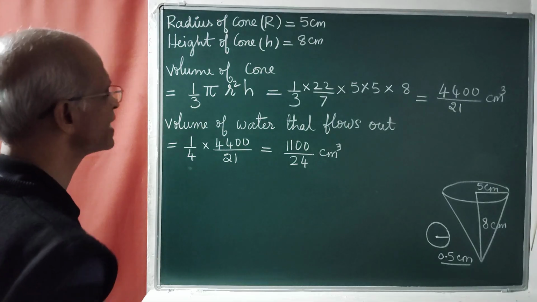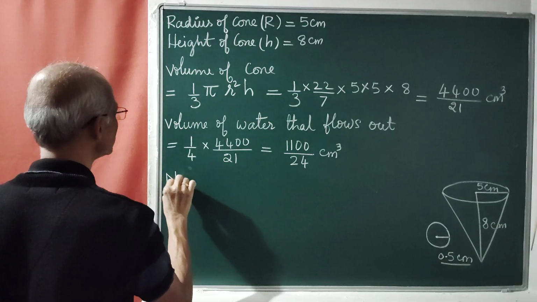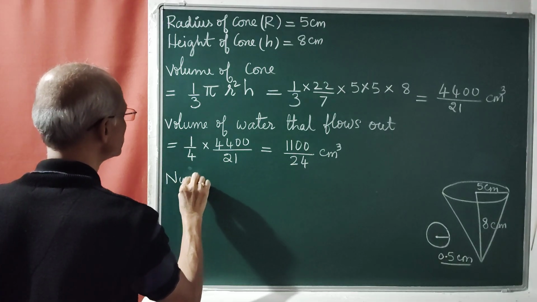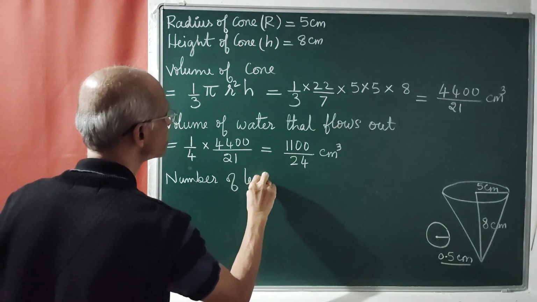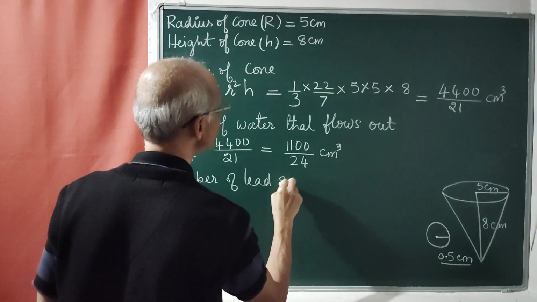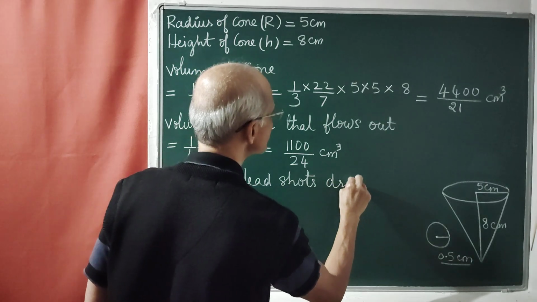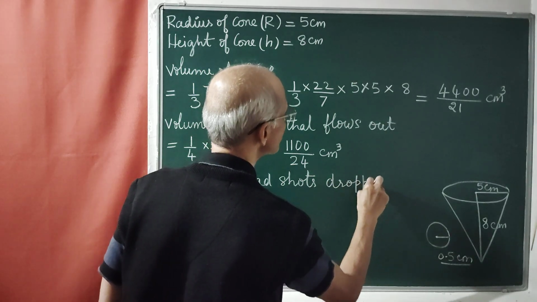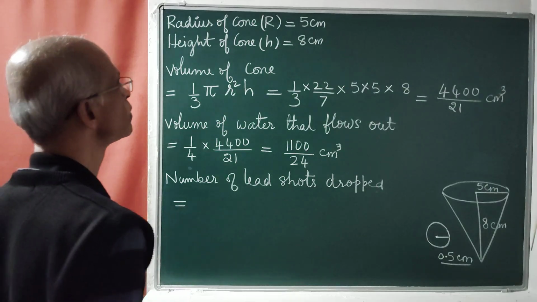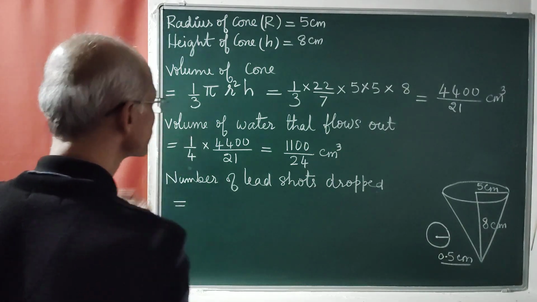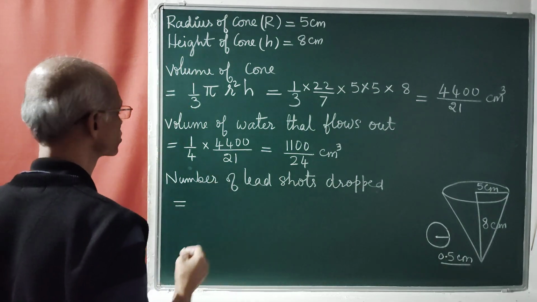So the number of lead shots dropped will be equal to, we have to divide this volume with the volume of one lead shot.